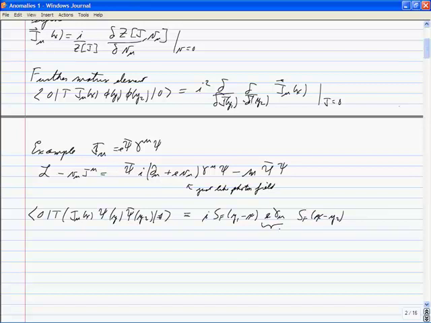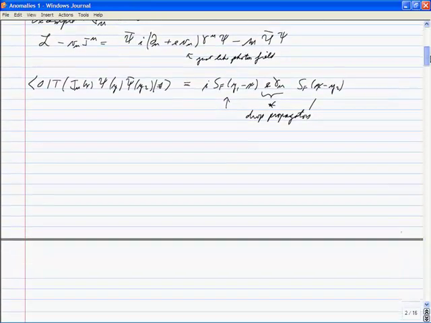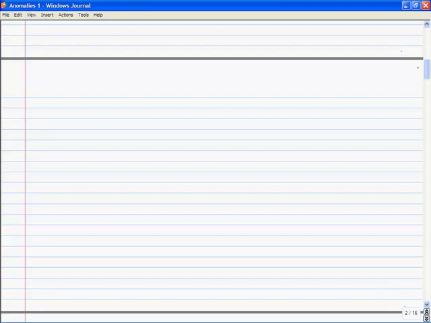Here's the vertex that you're after, and you drop the propagators, which you always do with these Green's functions, and you get the matrix element that you wanted. So that's how you would take this matrix element with that current in it. Comfortable enough with that? We're going to use that in our test of symmetries.